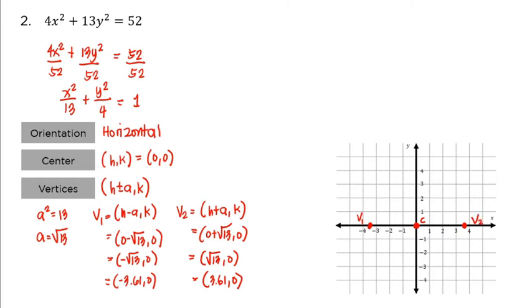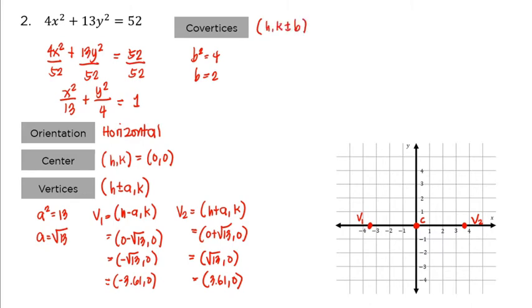Okay, now for the co-vertices naman, so we need the value of b here. So here, b squared is just equal to 4 from our standard equation. So b is equal to 2, right? So since it is horizontal, it is located 2 units above or below the center. So our formula will be h, k plus minus b, right?